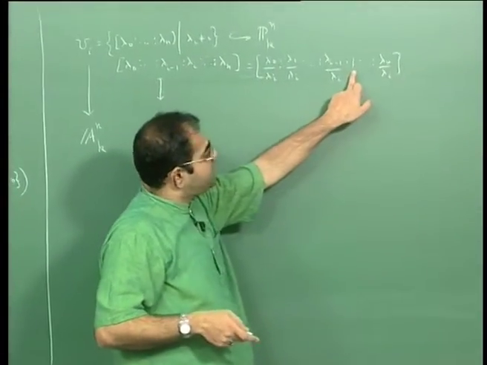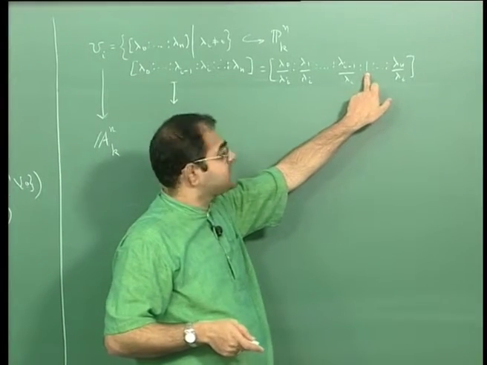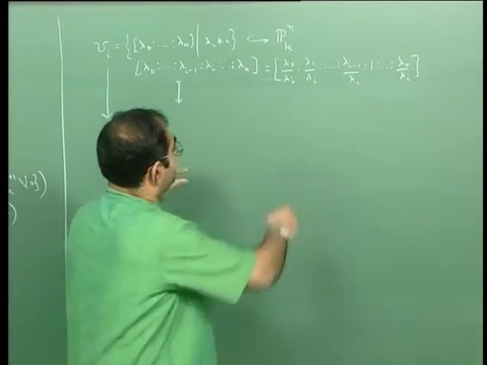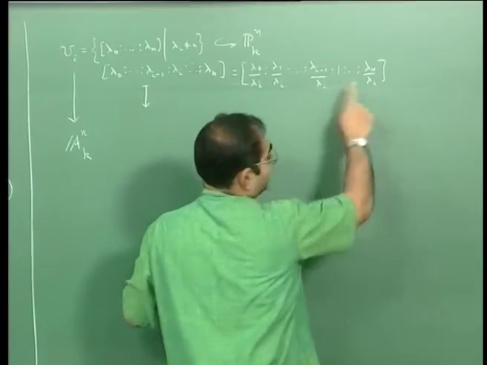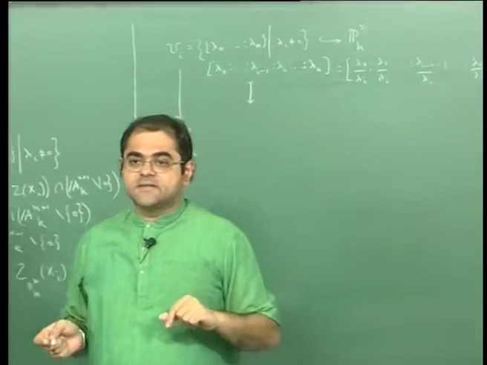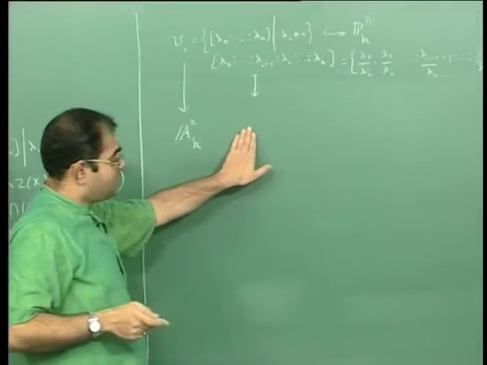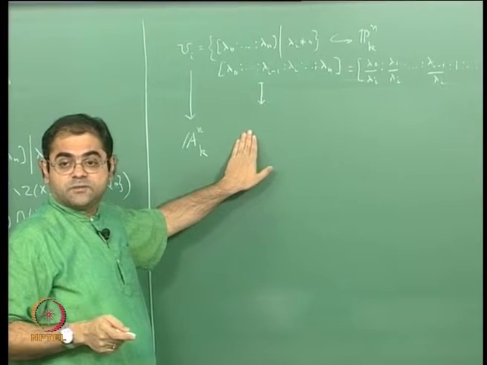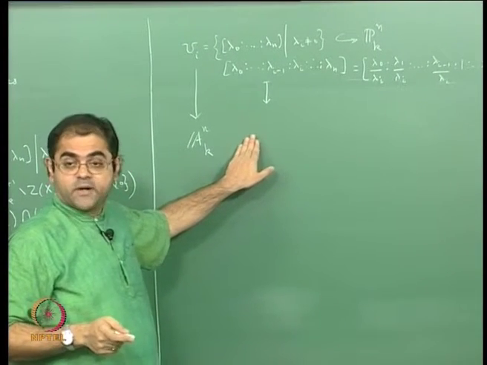But then you see this 1 is redundant, so what you get is only the remaining n distinct scalars, and these define the coordinates of the point to which you are going to send it.